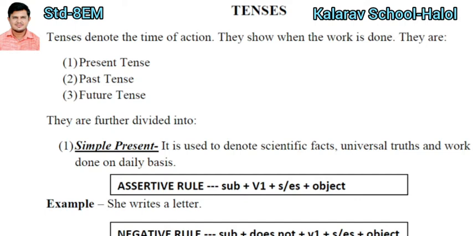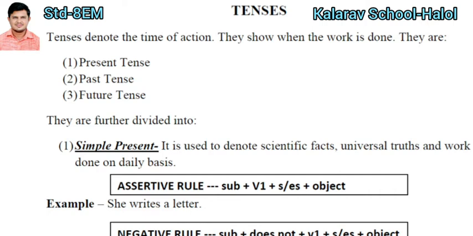It is very important. If you talk about the main tenses, there are three main tenses in English grammar. One is present tense, number two is past tense, and number three is future tense. Today we are discussing present tense. Tenses denote the time of an action.